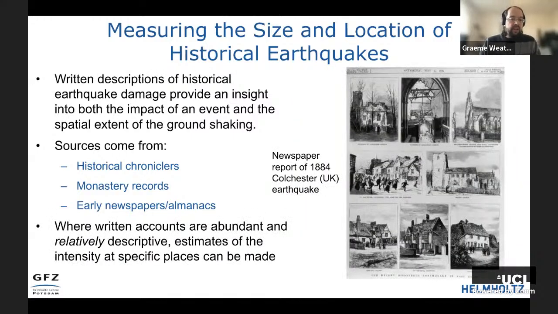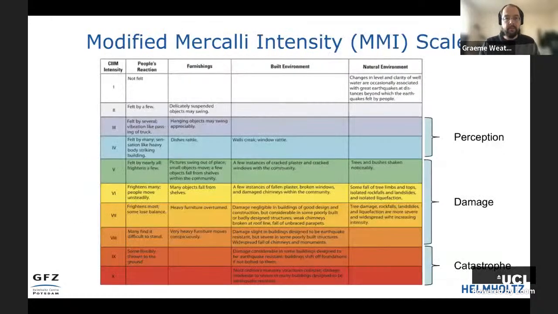Where written accounts are abundant and relatively descriptive, we can make specific estimates of intensity at certain places. I'm showing an example here from the 1884 Colchester earthquake in the UK, where we have quite an abundant set of written descriptions of damage. This allows us to assign what level of damage and what intensity has occurred in the various towns and villages around the earthquake.